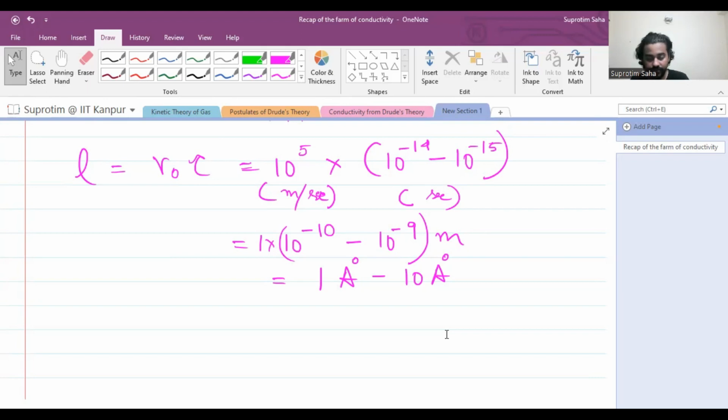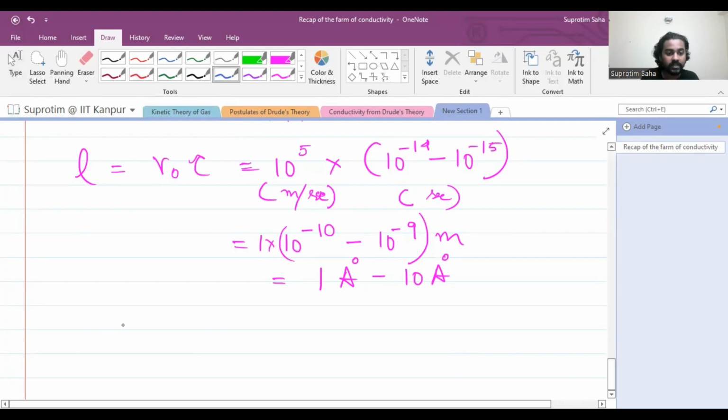Now, if you connect, this is the typical length scale of the lattice, the distance between two lattice sites. The lattice consists of the immobile positive ions. So if this be the length scale, if this be the mean free path of the electrons, then these are your typical immobile ion cores.